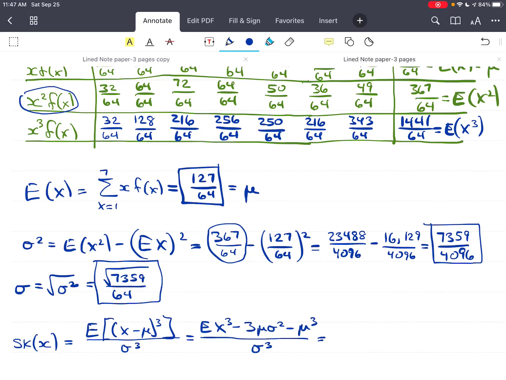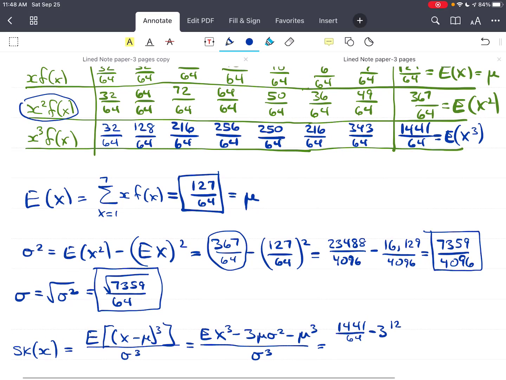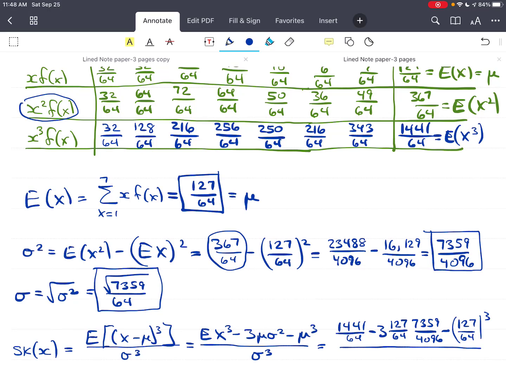So I'm going to pull these values from the table. EX cubed is 1441 over 64 minus 3 mu, which is 127 over 64, times sigma squared, which is 7359 over 4096, minus mu cubed, which is 127 over 64 cubed, all over sigma cubed.